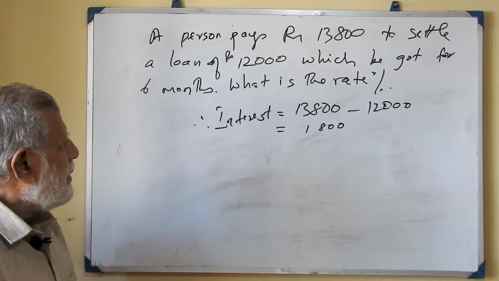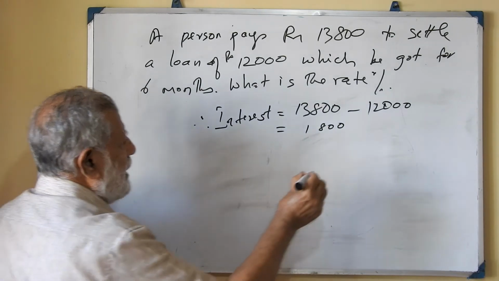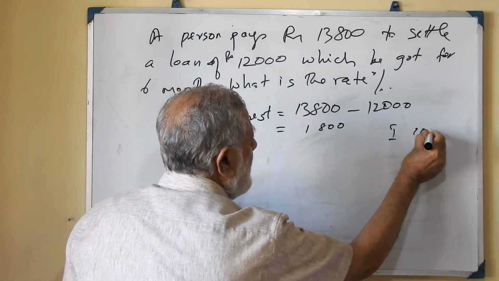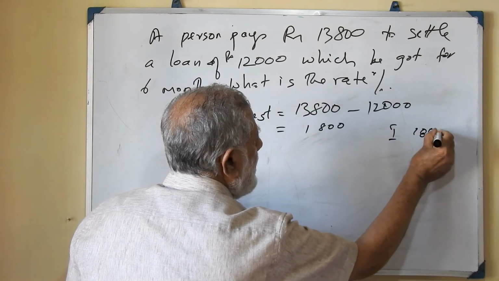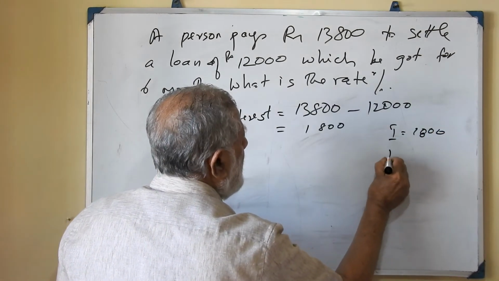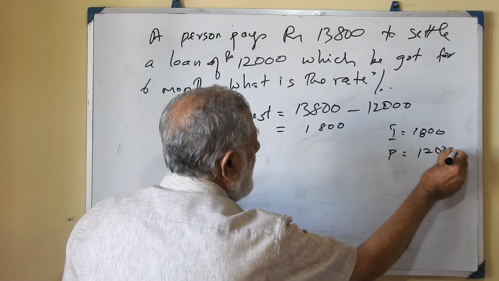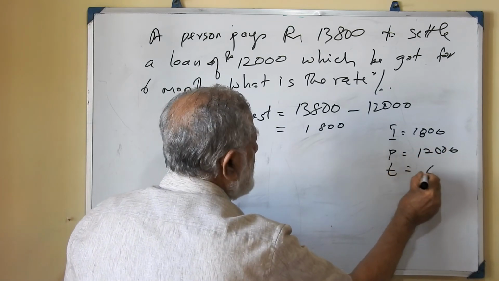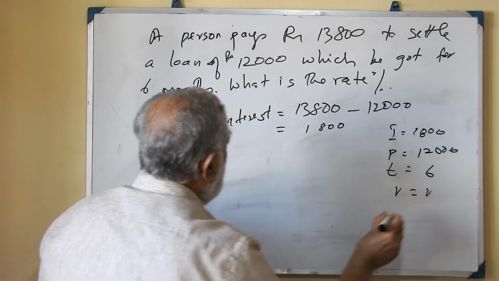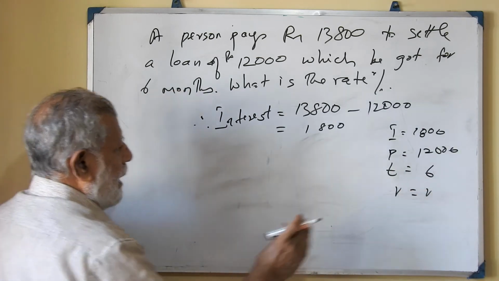So the interest comes to 1,800. So now we have interest equals 1,800, P is equal to 12,000, time is equal to 6. So we have to find out R.